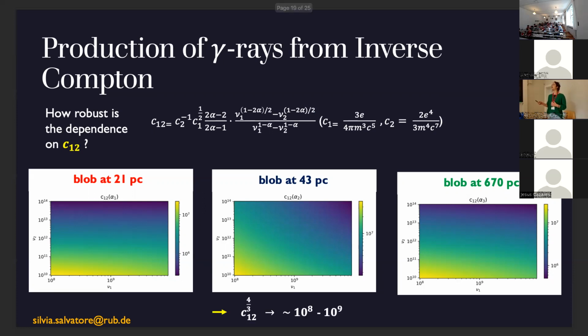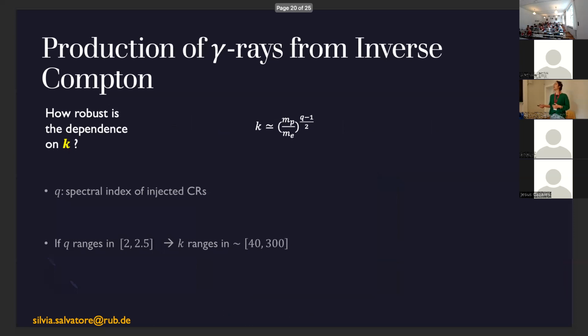And therefore, C12 to the power of 4/3 is of the order 10^8, 10^9, regardless. Same goes for the factor K. If we change Q, which is the spectral index of injected cosmic rays, between 2 and 2.5, K ranges between 40 and 300. So again, the dependence on K is not that strong.